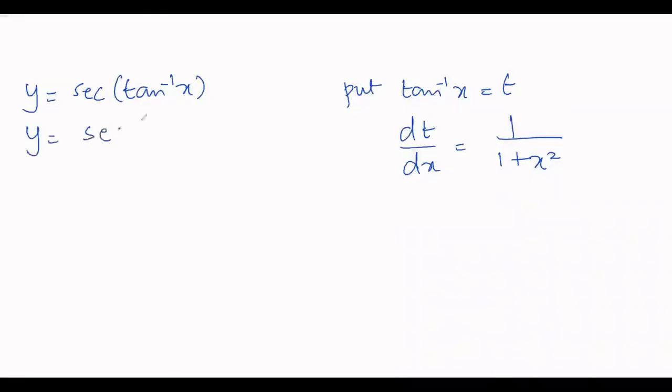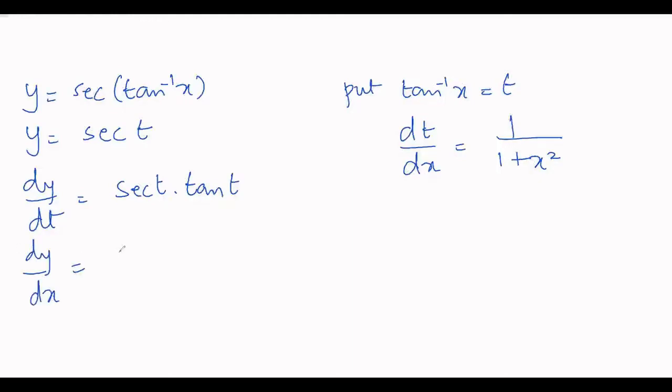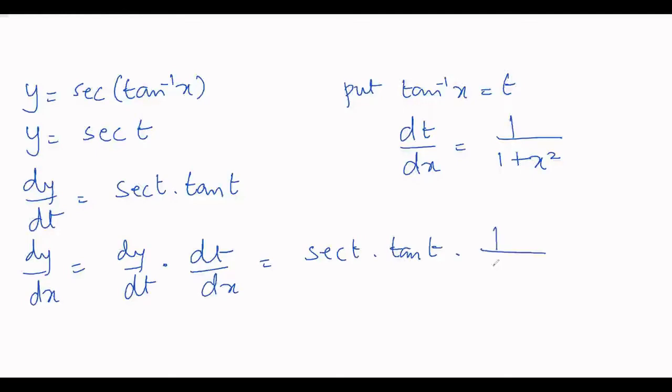So y is a function of t. Let me find dy by dt. dy by dt is secant t into tan t. So now I need to find dy by dx. So dy by dx is nothing but dy by dt into dt by dx. So that gives me secant t into tan t into 1 by 1 plus x squared.